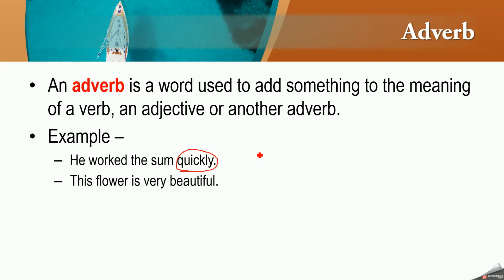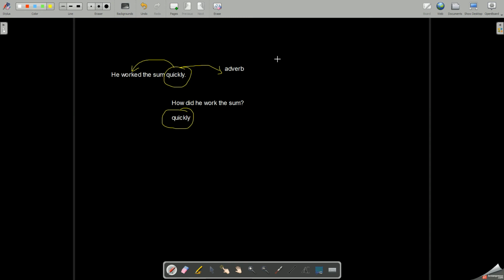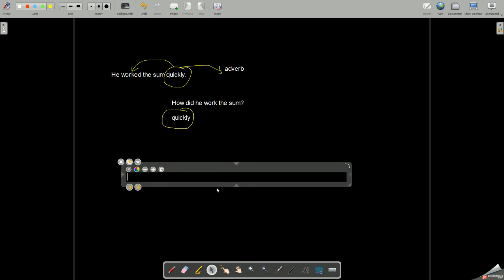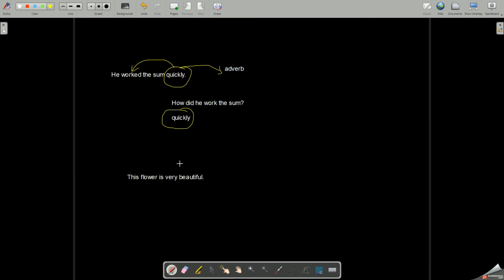Similarly, next sentence, this flower is very beautiful. How beautiful is it? Very is the word between is and beautiful. Is beautiful, okay, very beautiful. So this word is actually describing the adjective over here. Here beautiful is what?